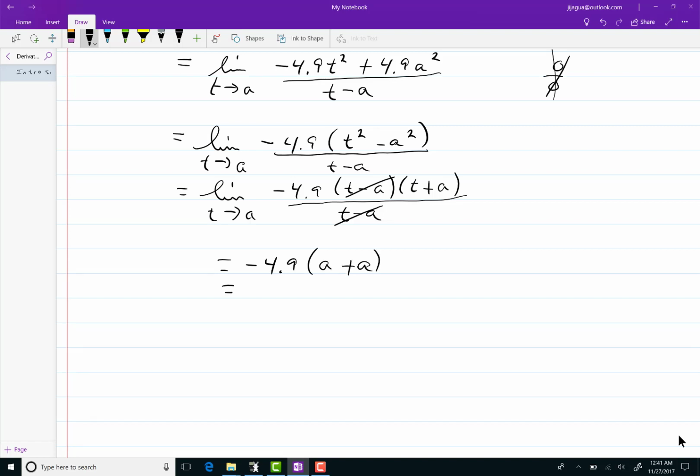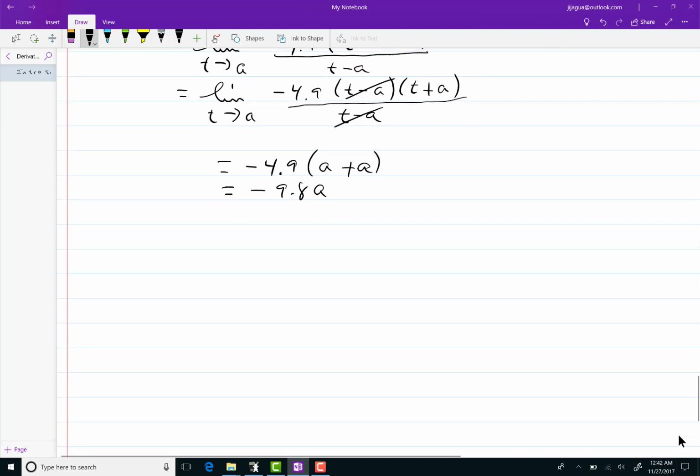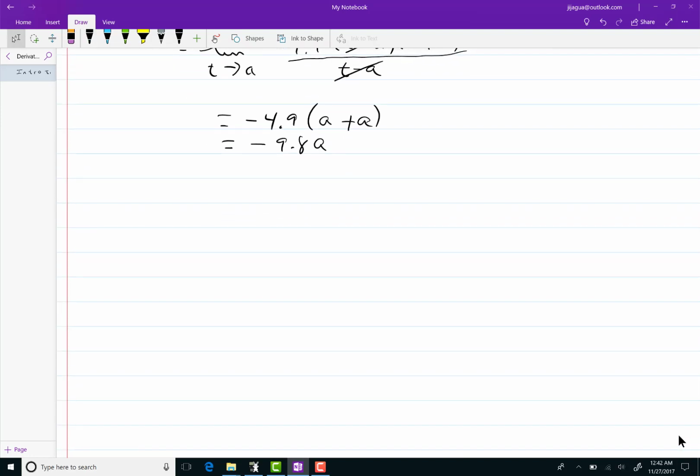And so I end up with negative 9.8a. So when a was equal to 2, if you plug that in, you'll get the negative 19.6. In fact, now I can find out the velocity for any time I want. All I got to do is change the value of a. So what was the instantaneous velocity at 3 seconds?